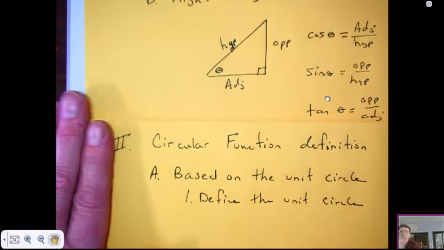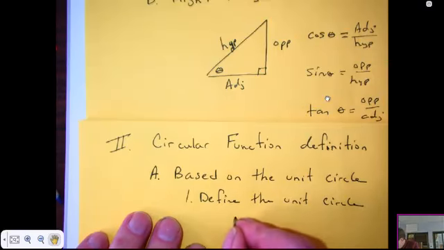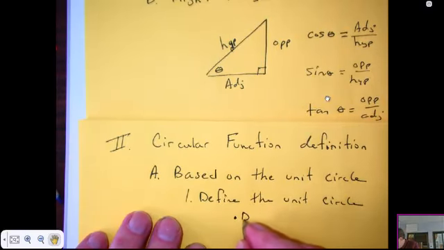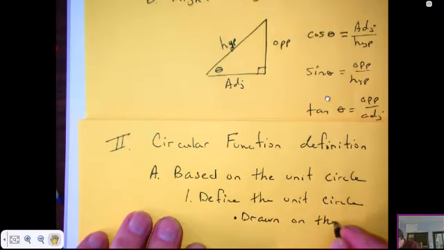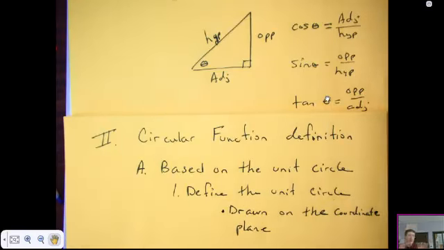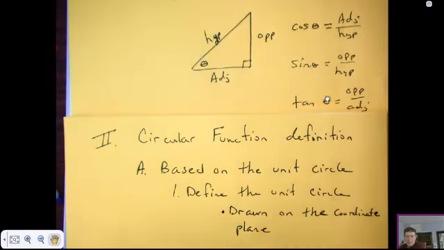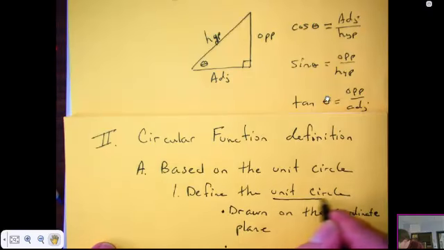It's drawn on the coordinate plane. So now we're back to the coordinate plane again, right? We had the coordinate plane, then the freestanding triangle. Now we're back to this coordinate plane again. Its center is at the origin. We're talking about the unit circle now.